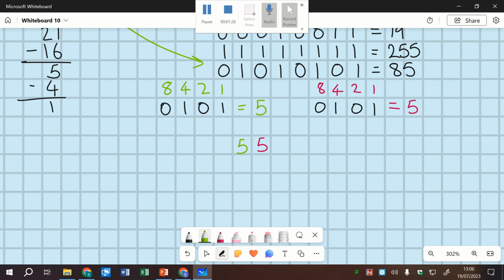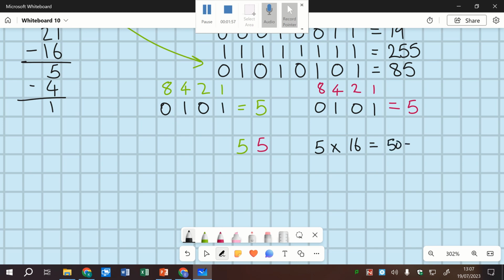Okay, so what does that mean? Well, in normal denary, that number gets multiplied by 10. Well, in hexadecimal, that number gets multiplied by 16. So let's do that, and then we'll add on the 5. So 5 times 16. 5 times 6 is 30, and 5 times 10 is 50.